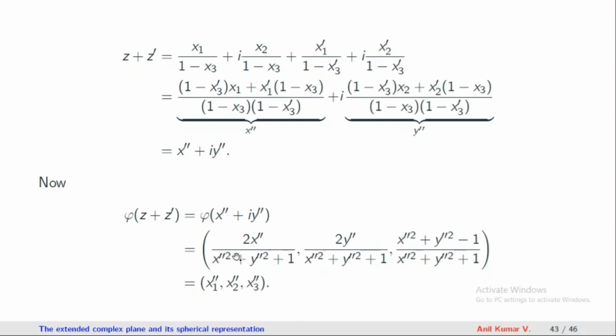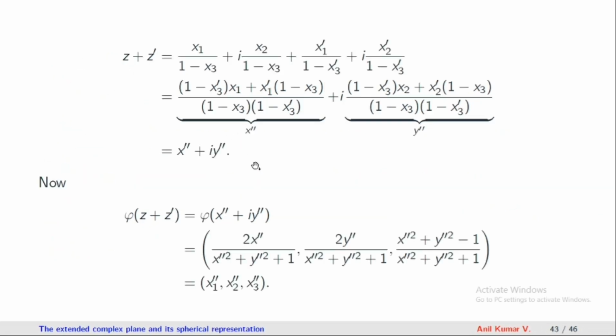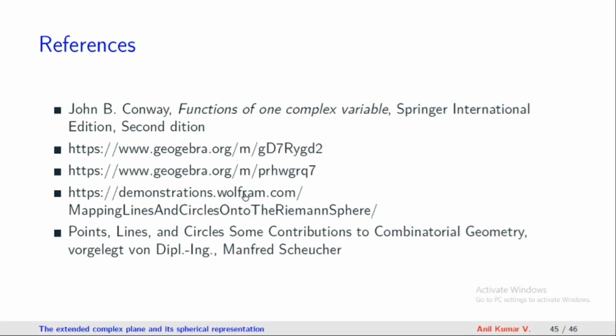And we have assumed that these coordinates are x1 double prime, x2 double prime and x3 double prime, so these two vectors are equal. So we have x1 double prime is equal to this, but x double prime is this expression, so simplifying, we get this expression. Similarly, we can find x2 double prime and x3 double prime. These are the references. Thank you.